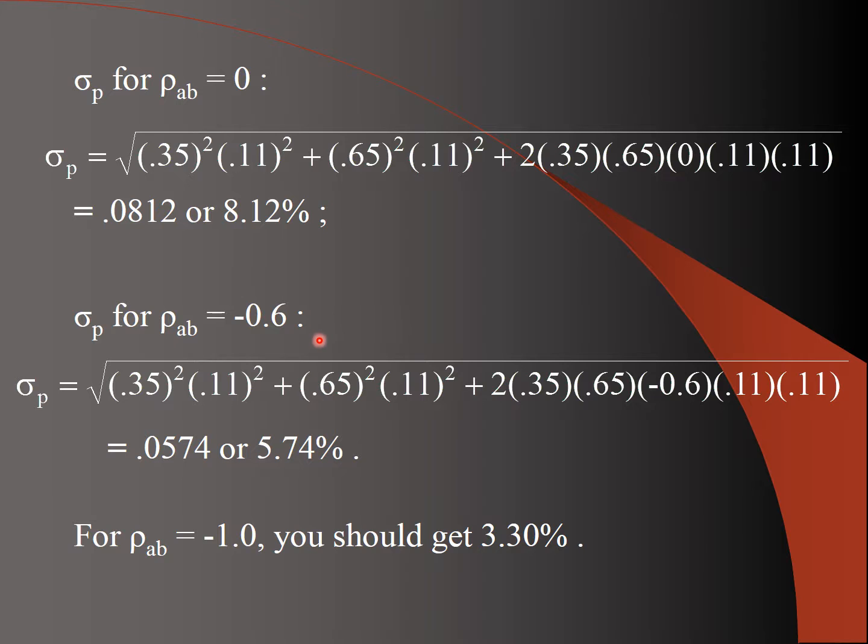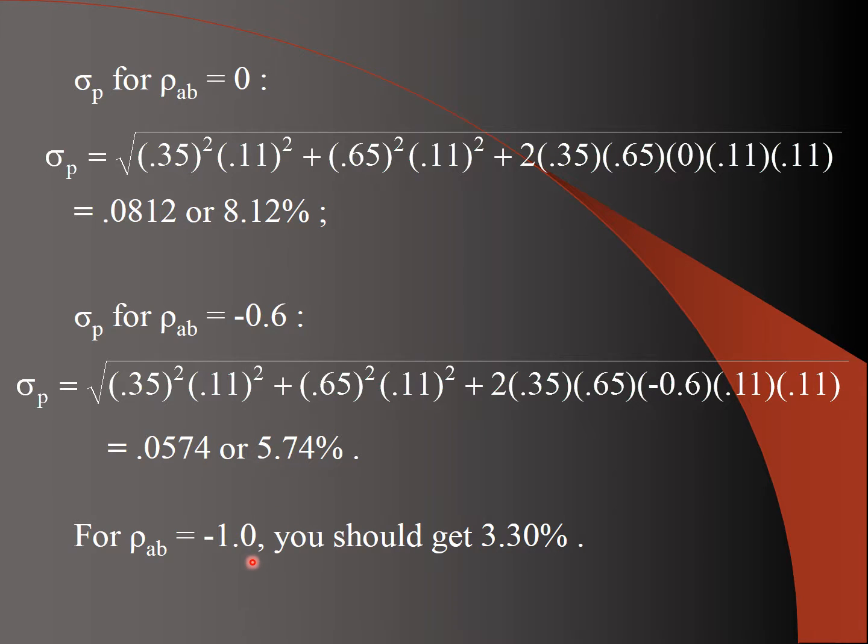And then you'll see even more risk reduction here when we change the correlation coefficient to a negative 0.6, meaning they tend to move opposite one another in a fairly strong relationship. Look what happens to the standard deviation of the portfolio. It goes down even more, down to 5.74%.